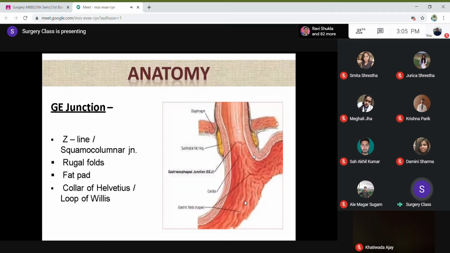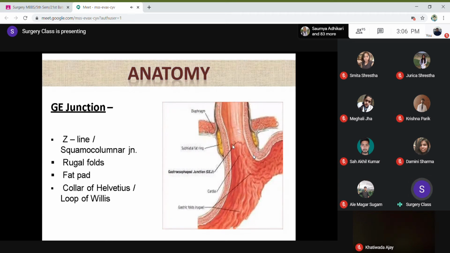This is a little bit important, the gastroesophageal junction. You can see the columnar epithelium of the stomach and the squamous epithelium of the esophagus. You can see a line, which is known as the squamocolumnar junction, also known as the Z line.